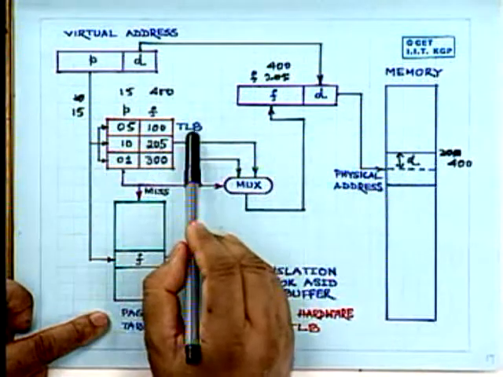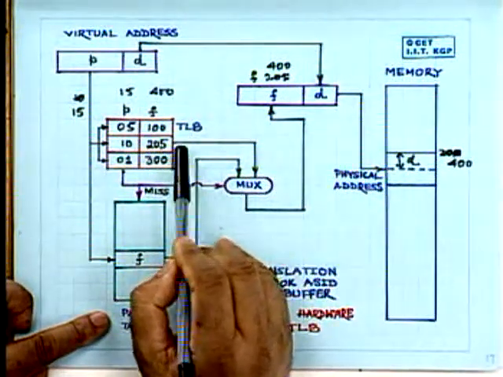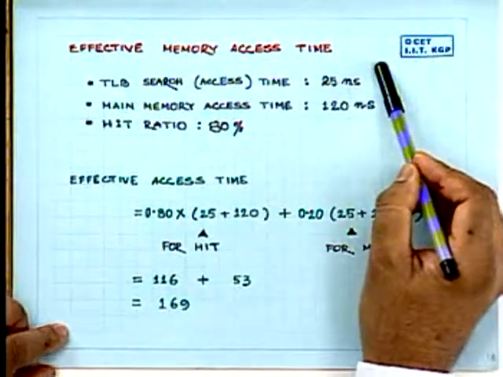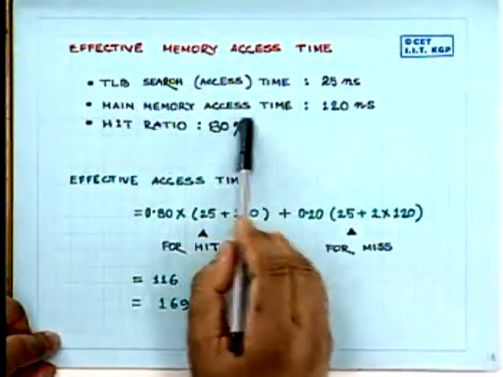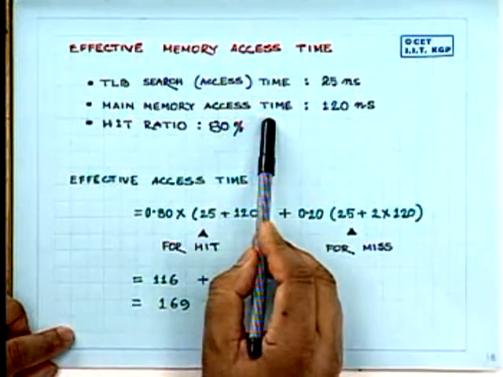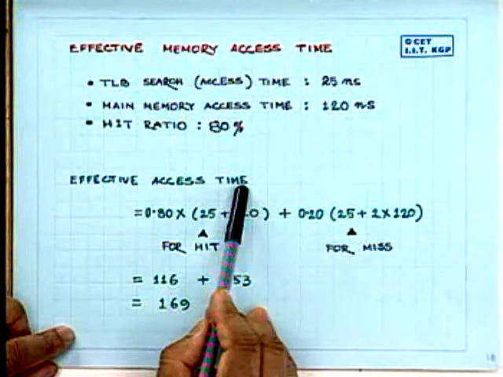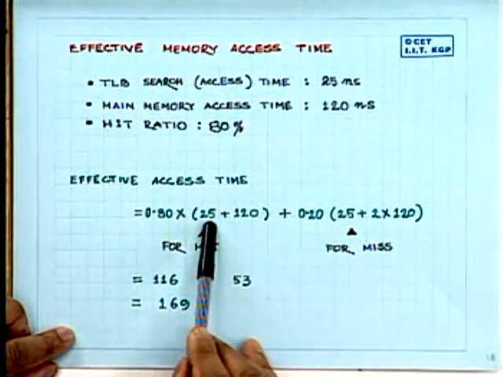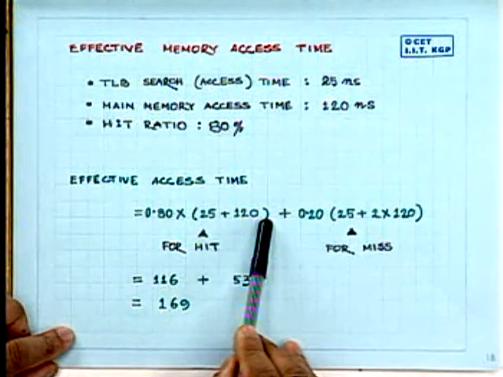And since the TLB is very fast, if the hit ratio is high, then we gain immediately in terms of speed, right? I have shown a simple measure for it. Say TLB search access time is 25 nanoseconds, which is very fast. Main memory access time I have assumed to be 120 nanoseconds, and the hit ratio is 80%. Then effective access time: 80% is a hit, therefore 0.80, we search TLB, we search memory, okay?